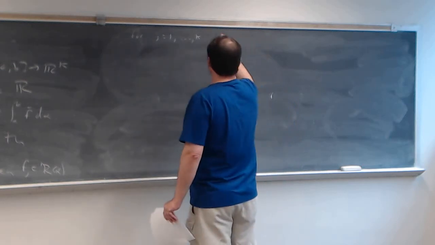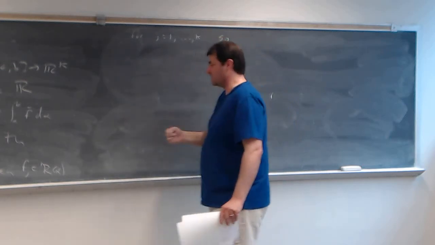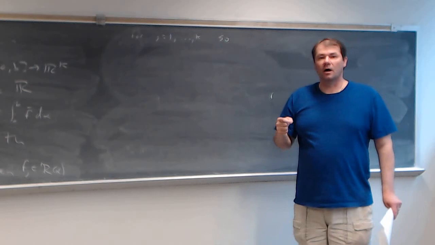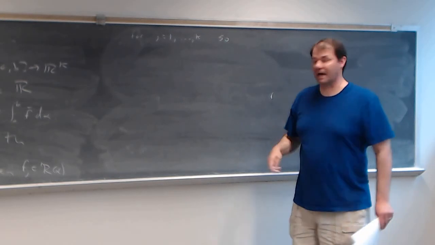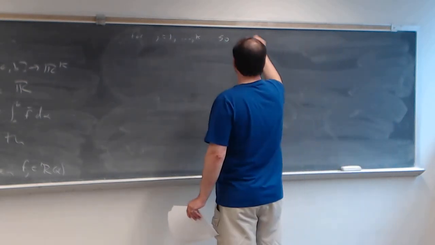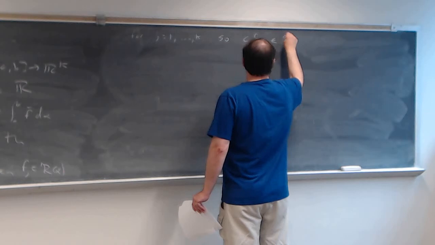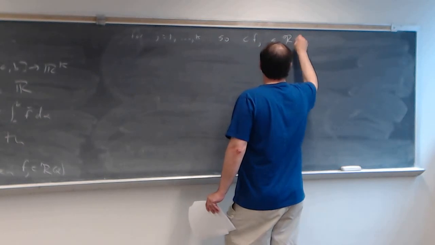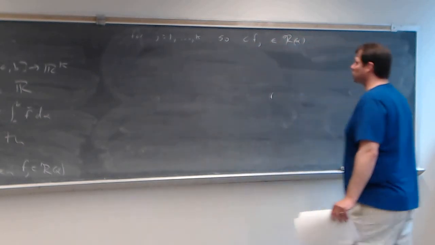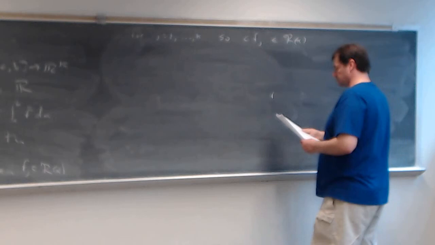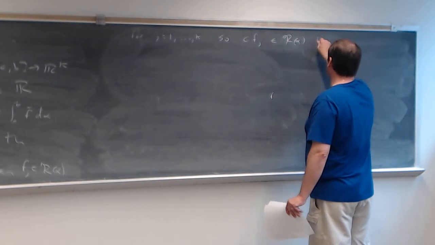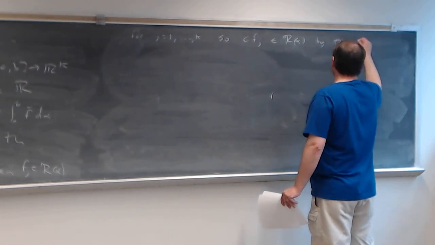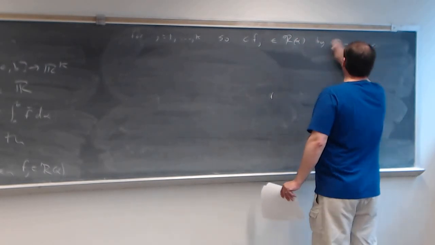Since each f sub j is Riemann-Stieltjes integrable, then a constant times it is Riemann-Stieltjes integrable, and that's true by the previous analogous theorem.